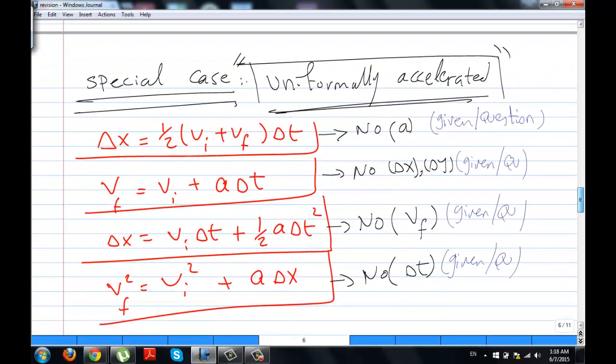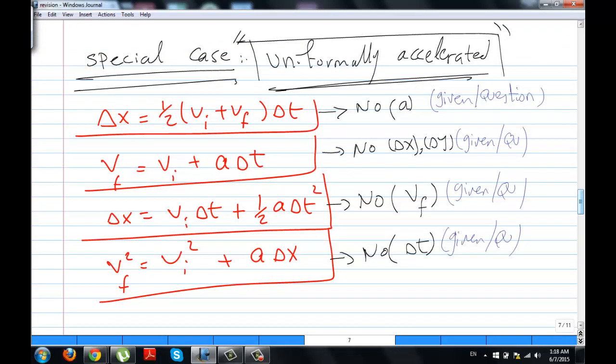Now let's talk about the special case. And the special case here is the constantly or uniformly accelerated object. If the object is moving in constant acceleration or uniform acceleration, I need to apply one of the four kinematic equations, which are those equations in front of you.